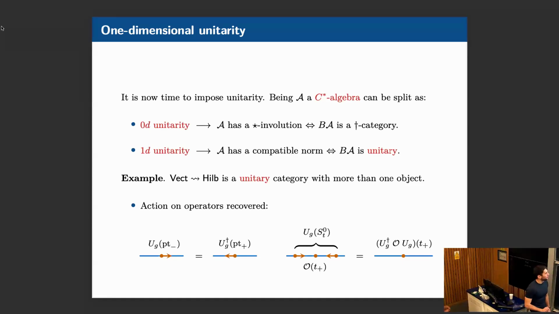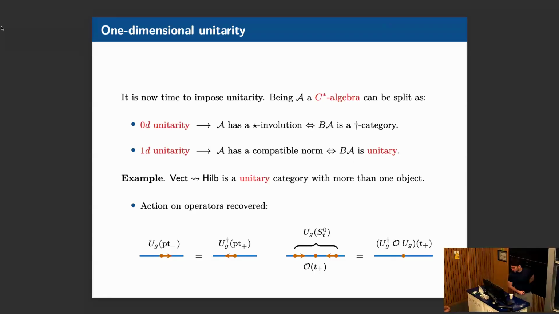And this is precisely a unitary category. In this sense, since we modeled the definition of some particular kind of category to recover these C-star algebra structures, we also recover the nice actions on our operators.